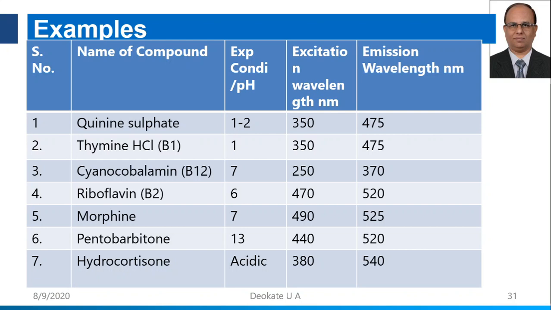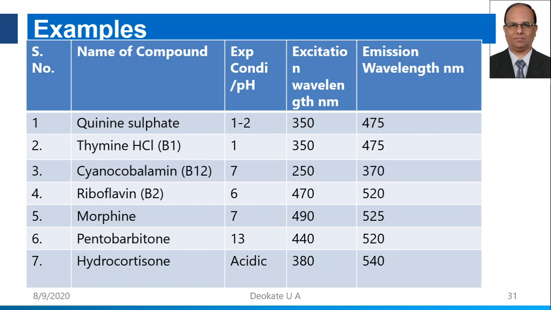This means we can use the same filter for quinine sulfate and thiamine hydrochloride, but if you are going to use riboflavin as another substance, we have to use 470 nanometer and 520 nanometer as the primary and secondary filters. For cyanocobalamin, we have to use 250 nanometer as the excitation wavelength and 370 nanometer as the emission wavelength.